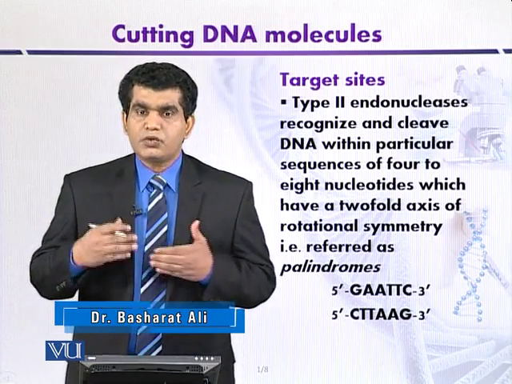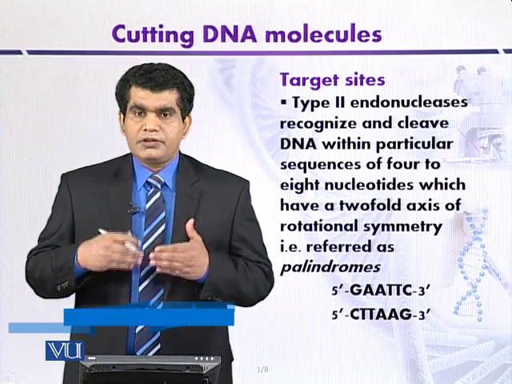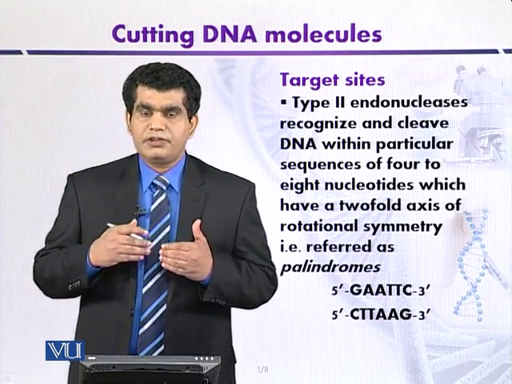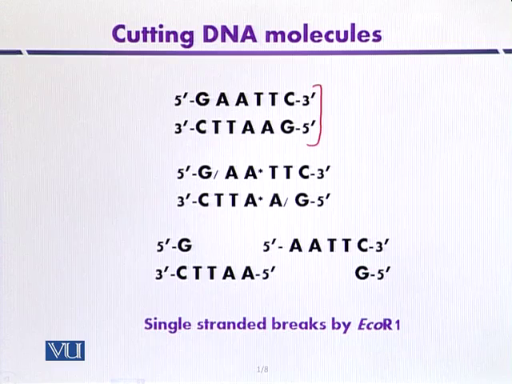Now what is a palindrome? A palindrome means words that are read similarly from either the right or the left side. For example, here is the recognition sequence for the EcoR1 restriction enzyme. A sequence we call a palindrome reads the same from 5' to 3' on either strand.